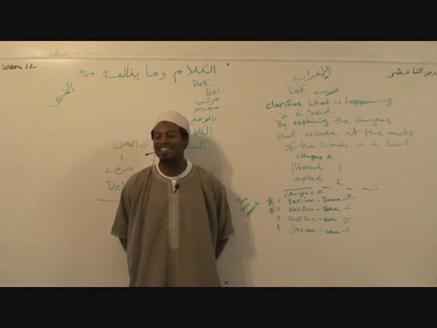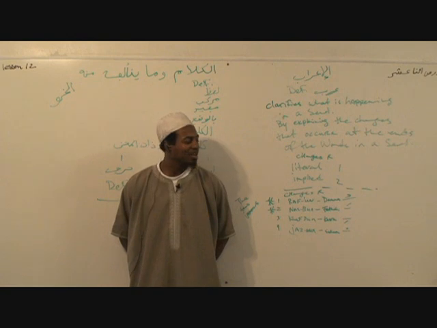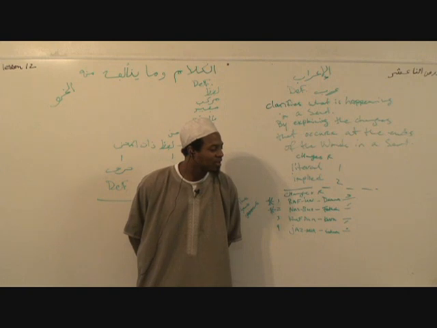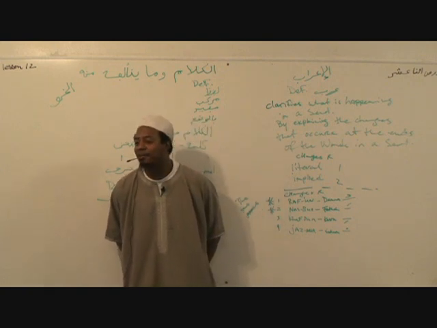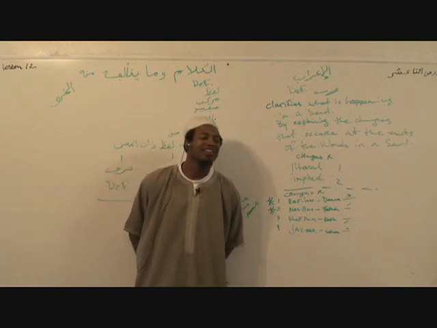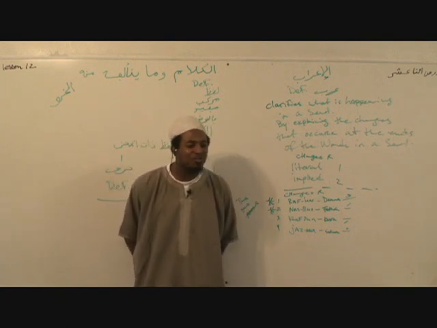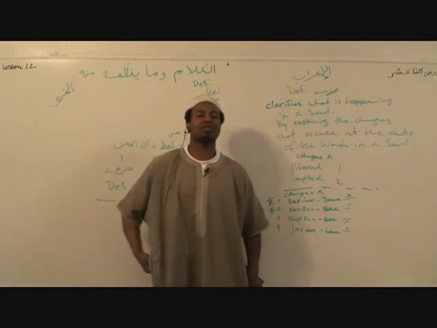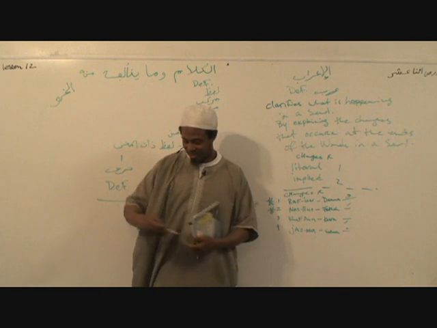Say there are four changes that happen at the end of the words. What are they? They are raf', nasb, khafd, and jazm. I say this and seek forgiveness from Allah for me and for you. Assalamu alaykum.